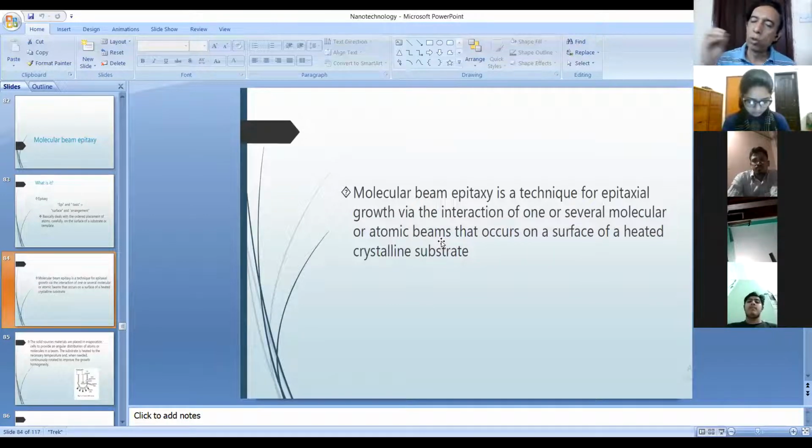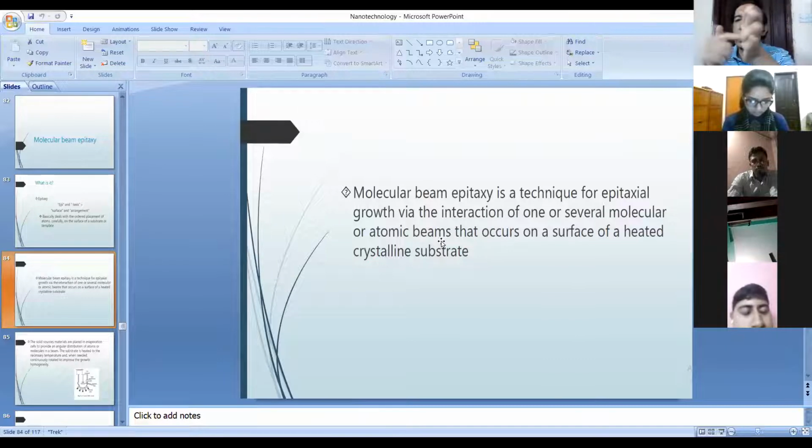How is the film grown by several beams of molecules or atoms? Say this is a beam of hydrogen and this is a beam of oxygen.